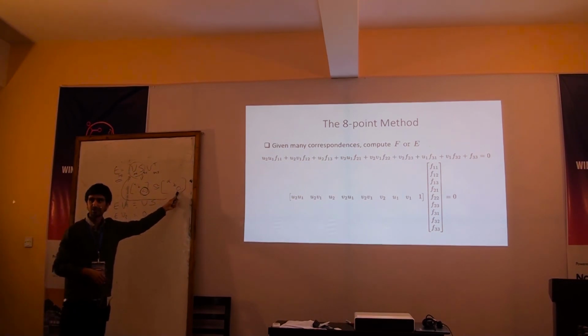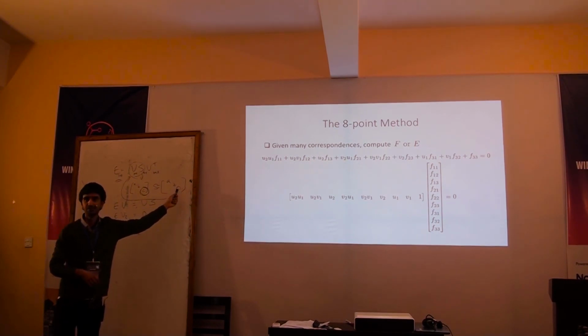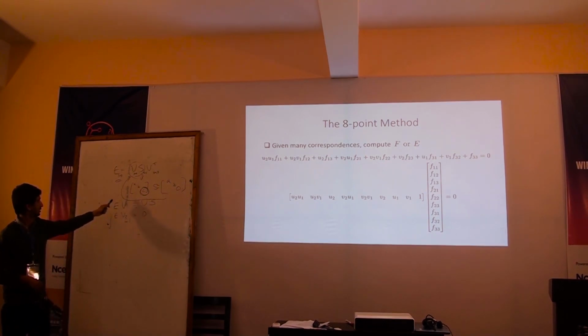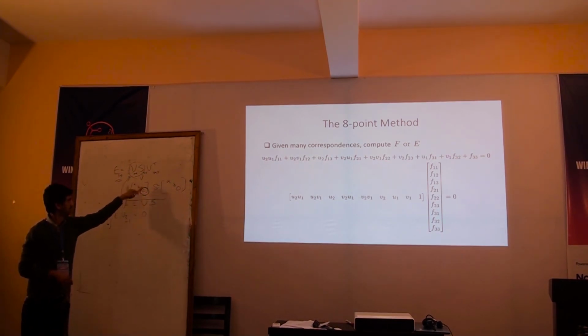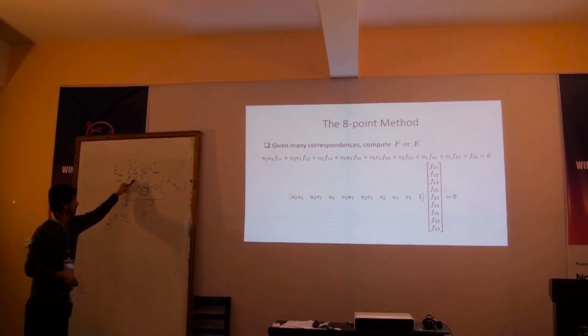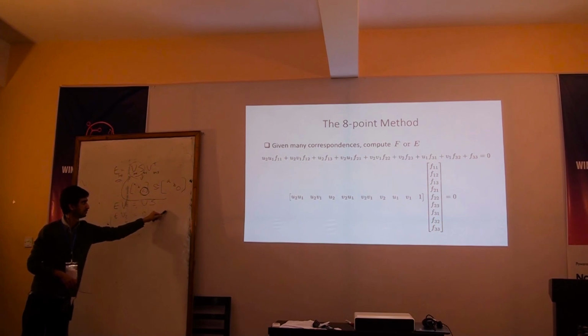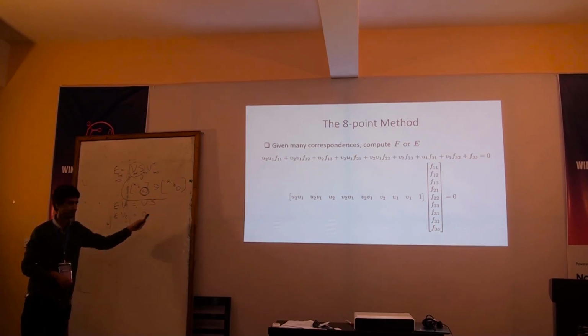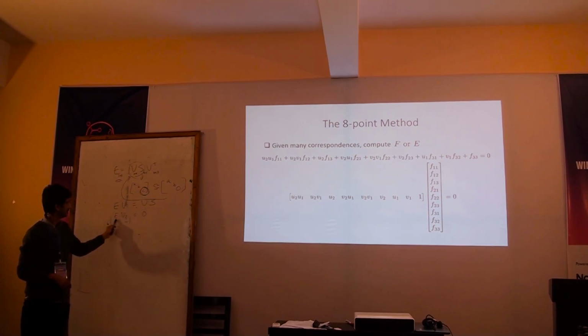This will scale the last column, this will scale the second column, and this will scale the first column. So if the last column is scaled to 0, then the result will be 3 by 3 but with the last column 0, which means you have E times V3 equal to 0. Right? All right.